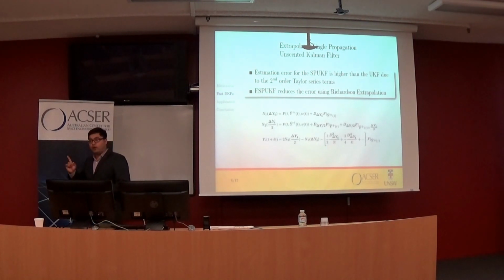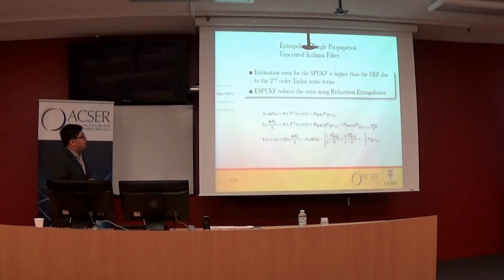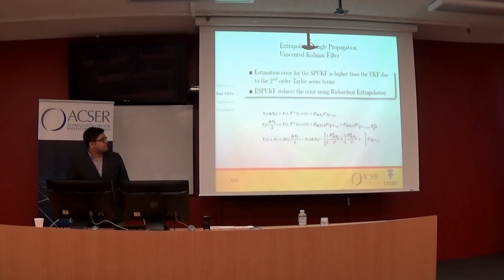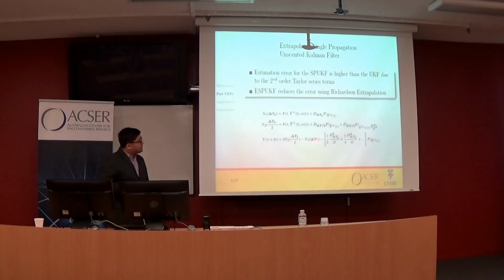Suppose we have a method 1 which approximates with delta y, and we have method 2 which approximates with delta y by 2. Then if we use 2n2 minus n1 as approximation, all the error will be on third order.